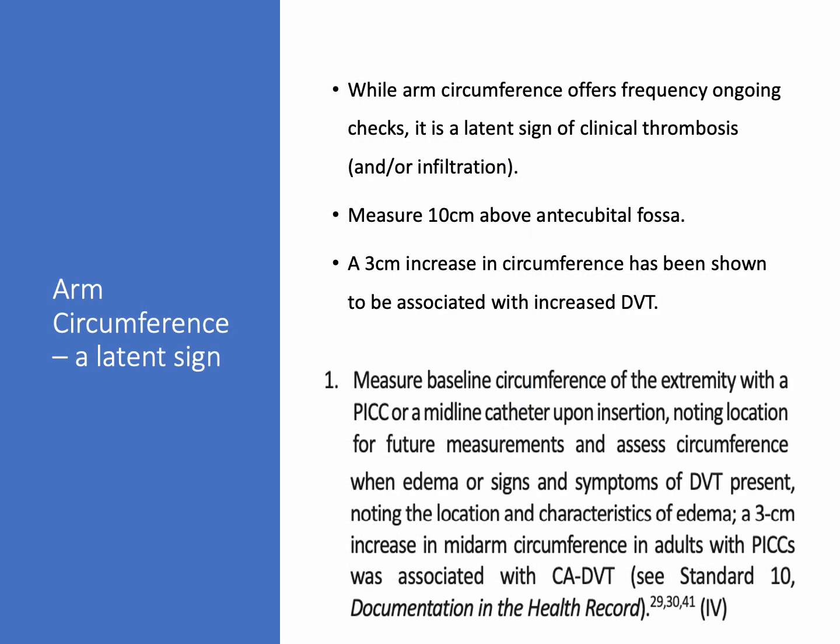Arm circumference. It's a bit of a latent sign for catheter-associated thrombosis, and although clinicians have been measuring the circumference of the upper arm for many, many years, I even did it when I was a student 35 years ago, it wasn't a very sensitive measure that there was a problem.